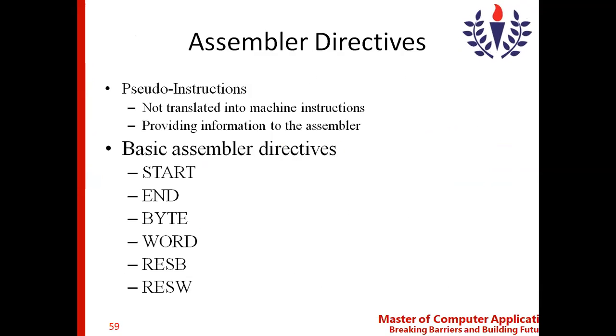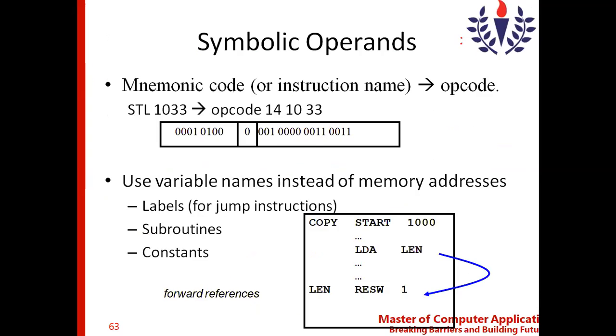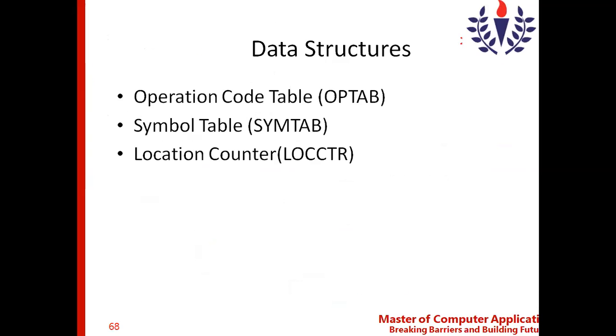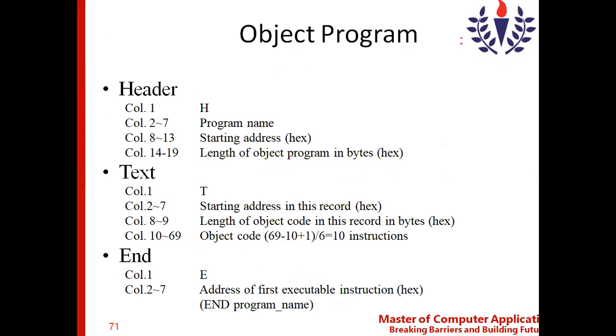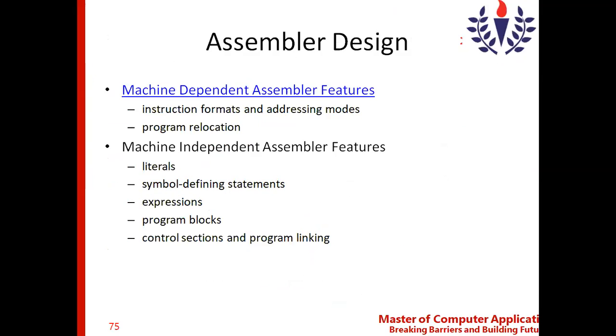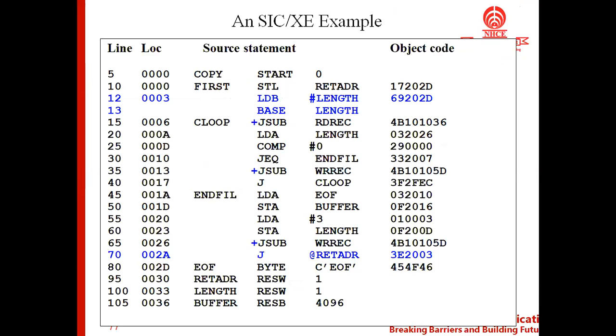The reason I'm talking about the displacement is that we know the value of PC. How do we know the value of PC? When you are at line number 10, the address of line number 10 is 0000.